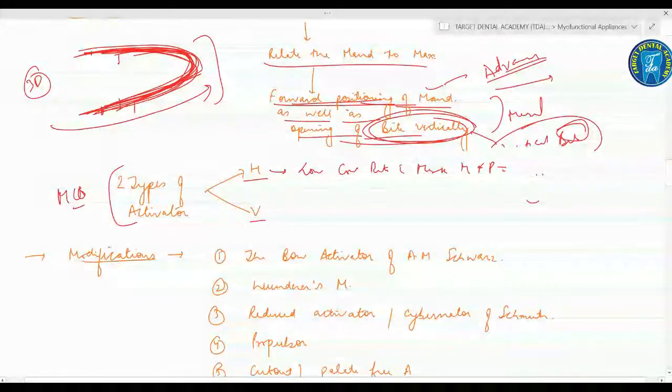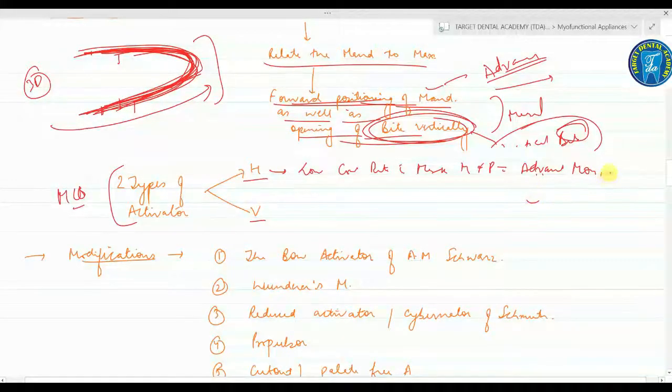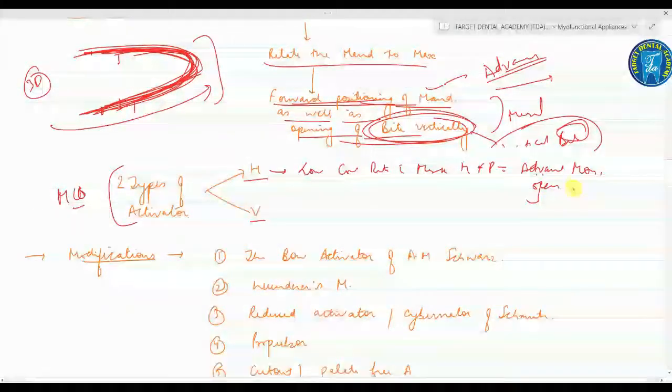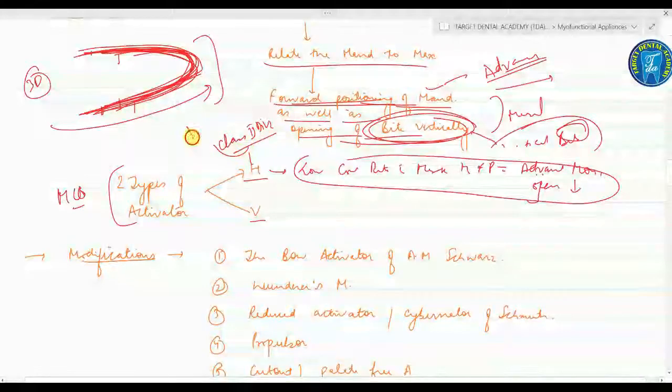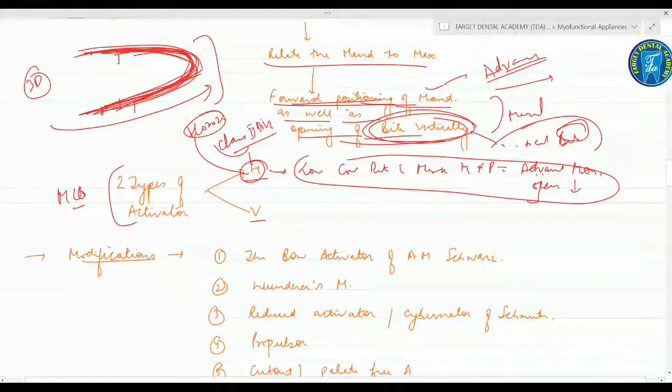It means the advancement is more and the vertical opening is less. It is usually indicated in a patient having a class 2 division 1 malocclusion and a horizontal growth pattern. That is why H is for horizontal.